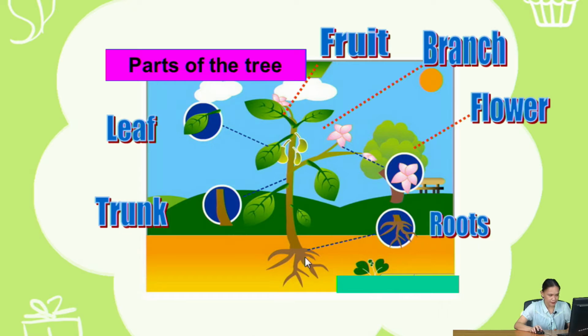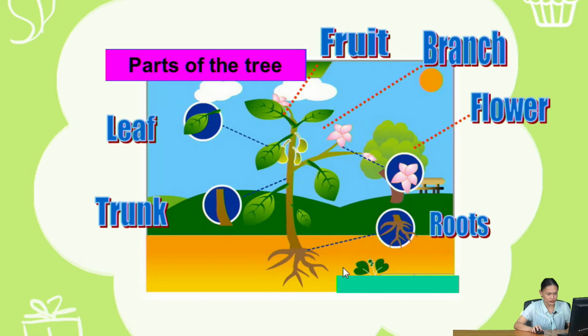This is an example of roots. Below, or in the lower part of a tree, is called roots. R-O-O-T-S. Roots.